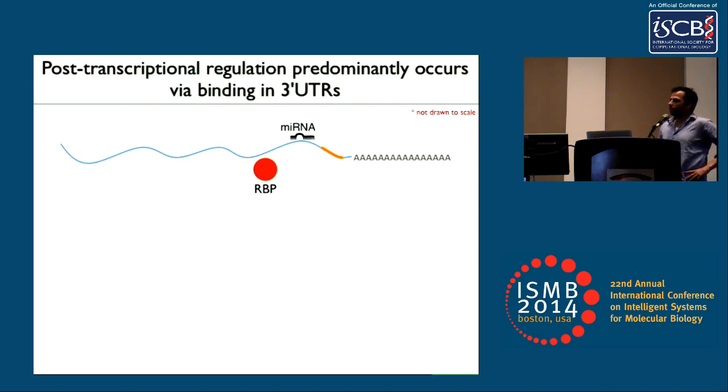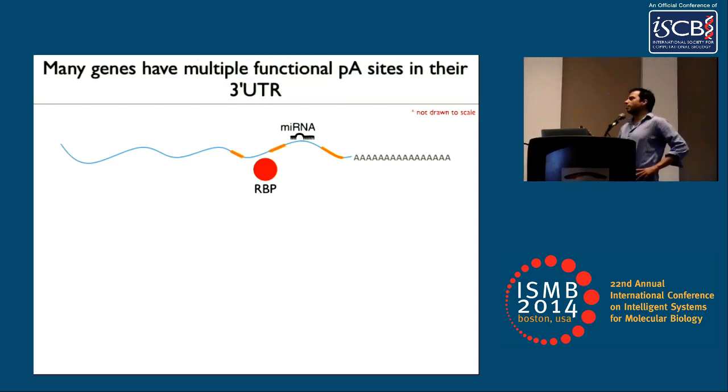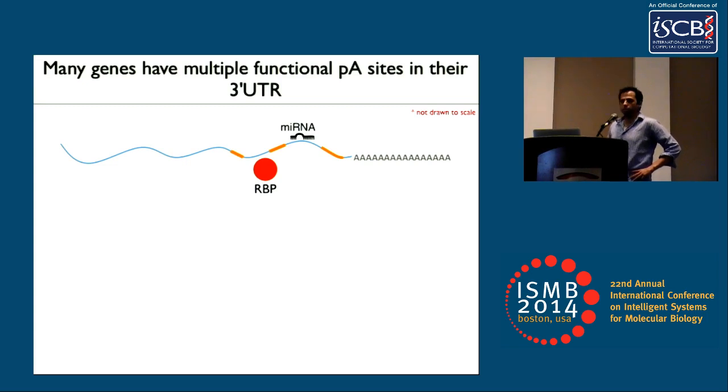So we know that the 3' UTR is a host of a large number of elements that bind and regulate the mRNA post-transcriptionally, right? From microRNAs, which predominantly degrade transcripts or inhibit translation, to other RNA binding proteins, which may do the same or localize transcripts to different parts of the cell. Now, if you pick a gene out of a hat, you have a good chance of finding genes which have multiple functional finish lines, let's say.